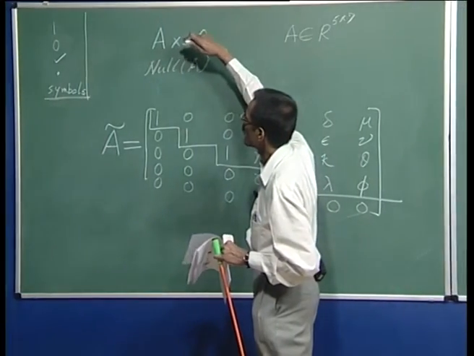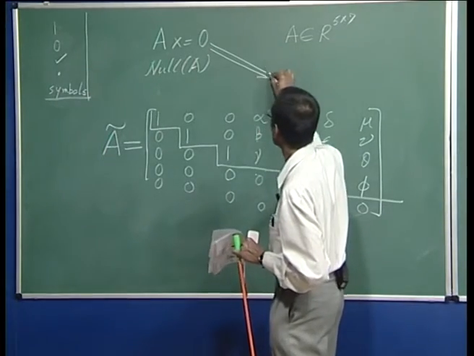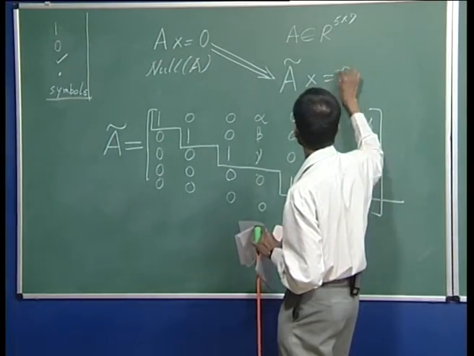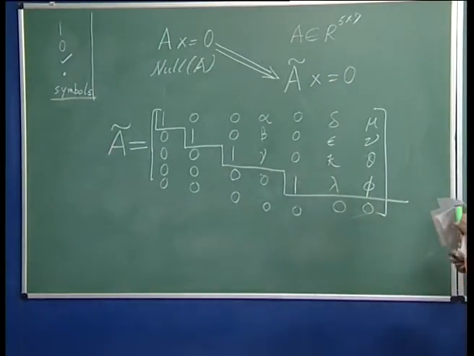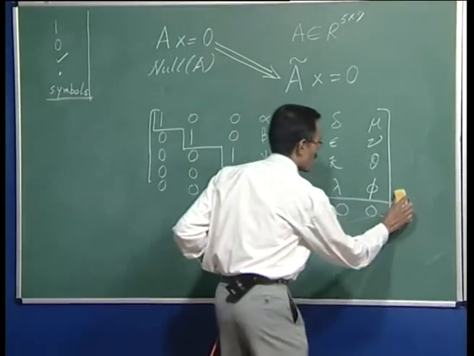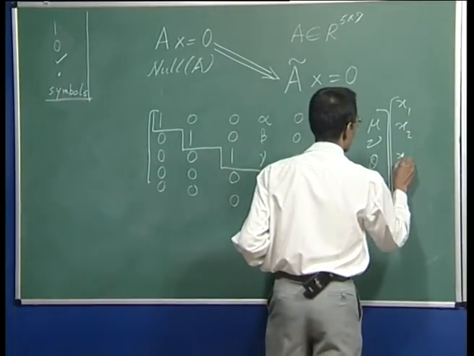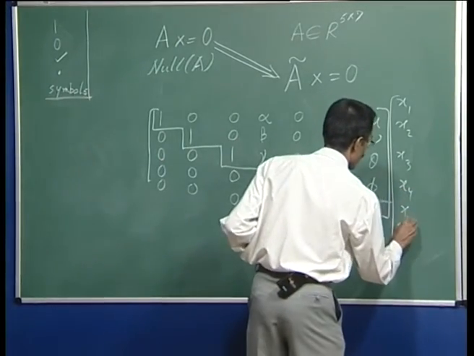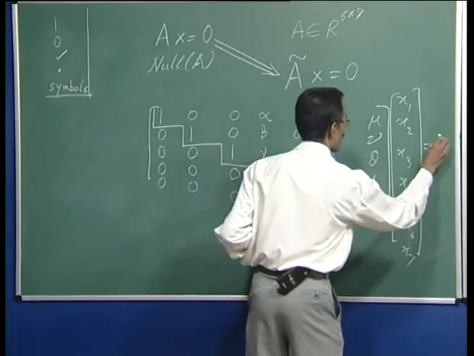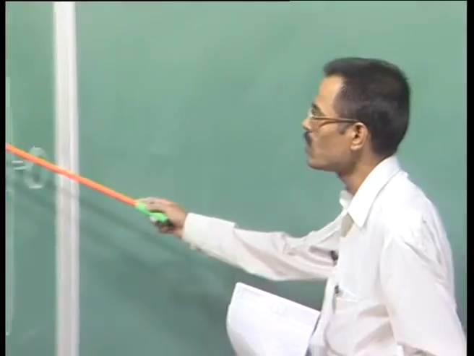That means, if this is 0, then that will also mean that A tilde x is also 0, which means that the equations are now greatly simplified.